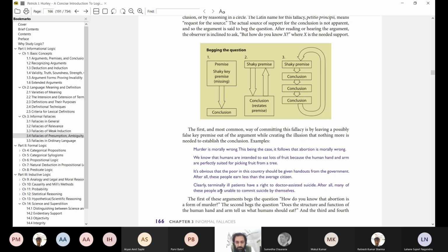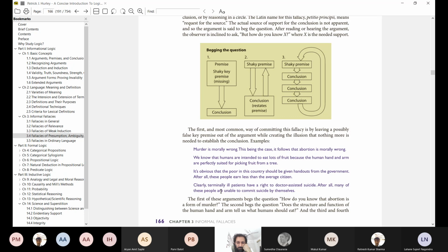When you look at this statement, it looks like murder is morally wrong is almost as though that's the premise that is controversial. And I said, yeah, it follows by logic that abortion is morally wrong, but we haven't made the connection that abortion is murder. Okay, next.